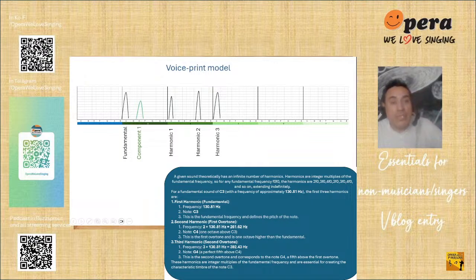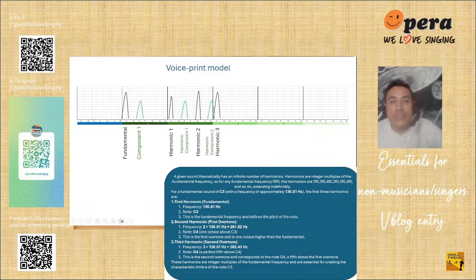So what I wanted to tell you is that component one, following the rules of physics, because all mechanical waves behave the same, will have its own harmonics. If your component one is an E3, it will have its first harmonic in an E4.